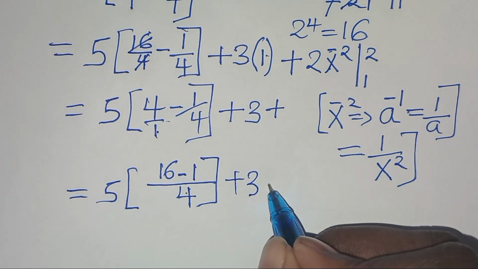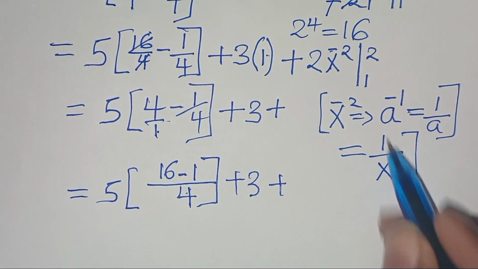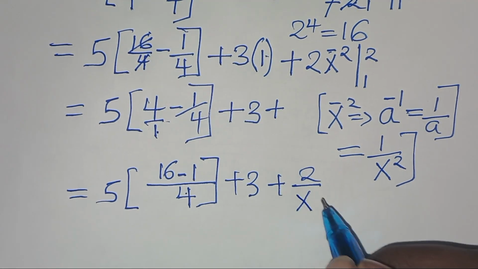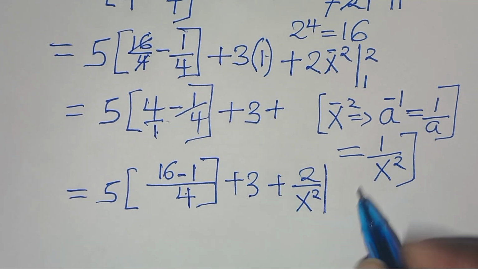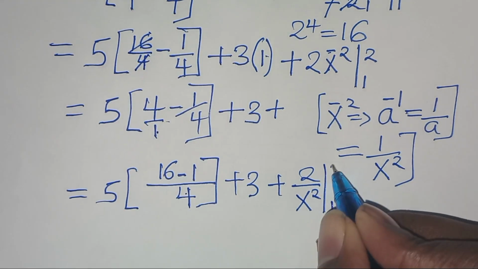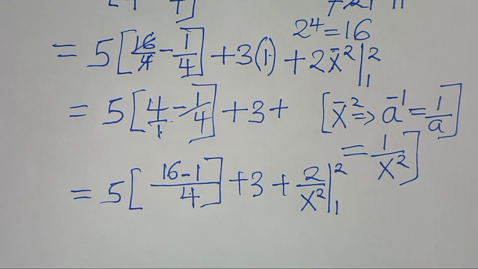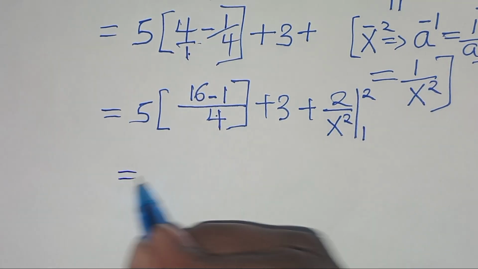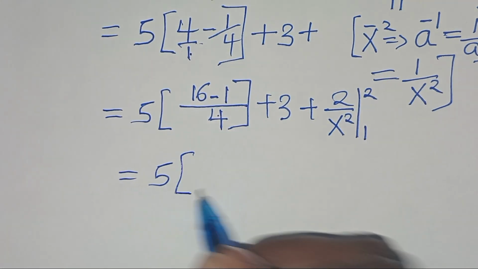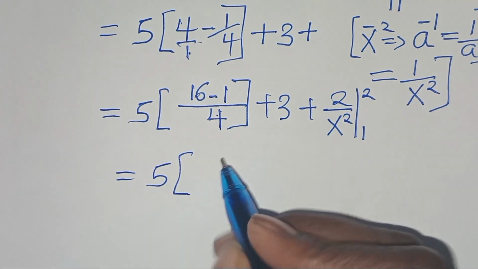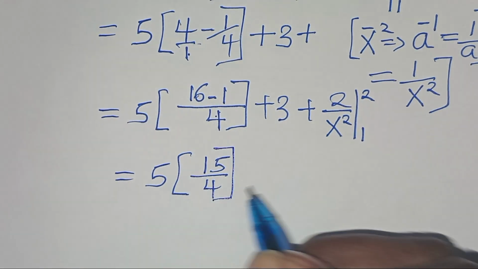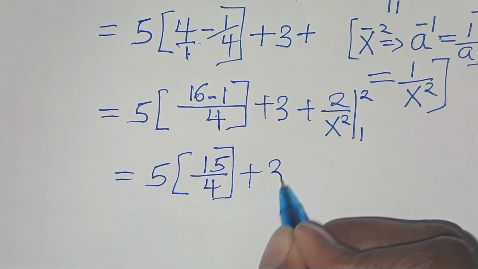And then plus 2 over x to power 2, with the limit from 1 to 2. So from here, we have 5 into the parentheses, 16 minus 1, this is 15 over 4. Close the bracket, then plus 3.